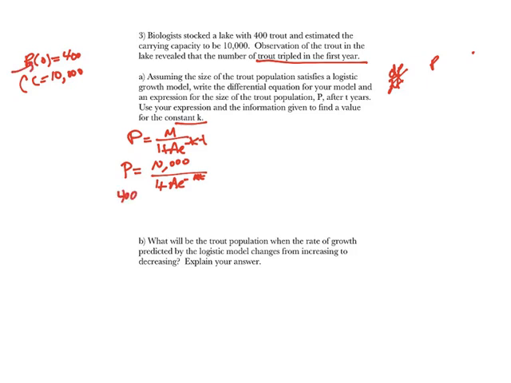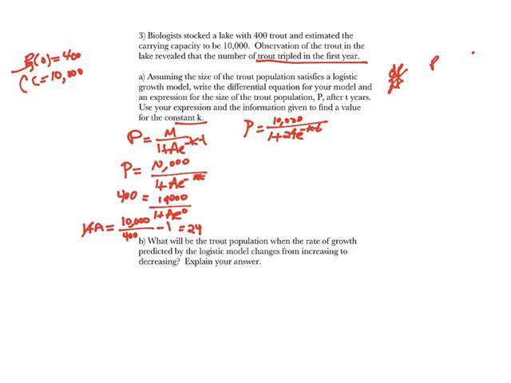So I know that when I start with 400 in my population, that would be 10,000 over 1 plus A e to the 0. So I know that 1 plus A is going to equal 10,000 over 400, or that A is going to equal 10,000 over 400 minus 1, which is 24. So I now know that P equals 10,000 over 1 plus 24 e to the negative kt.